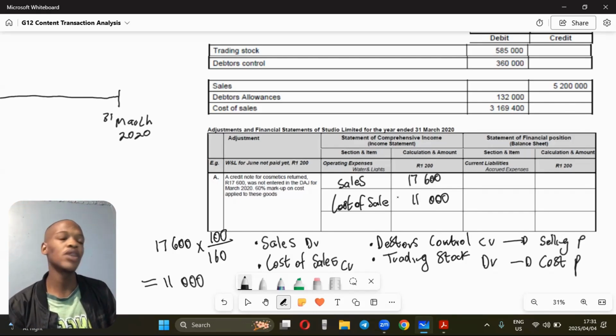Make sure you know the format of the income statement. Please memorize it. After that, we go to the statement of financial position. Under current assets, we are going to have debtors control and trading stock.